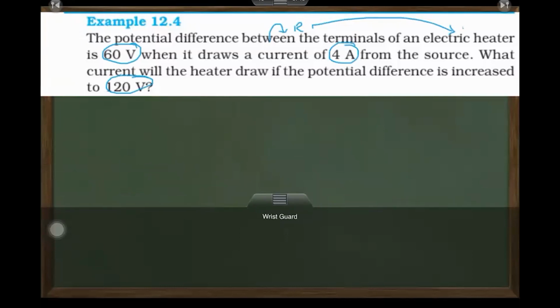So see here, in the first case, when we are going to solve it, what can we do?